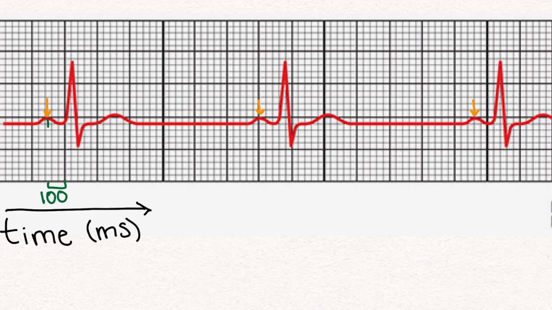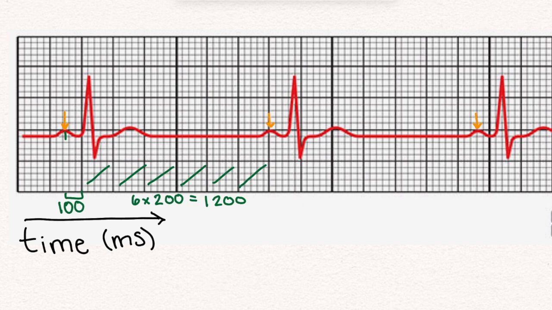The next step is pretty easy because I can just count large boxes as 200. So I have 1, 2, 3, 4, 5, 6 large boxes, and 6 times 200 is 1,200. I'm in luck because the crest of this next P wave looks to be right on the line.